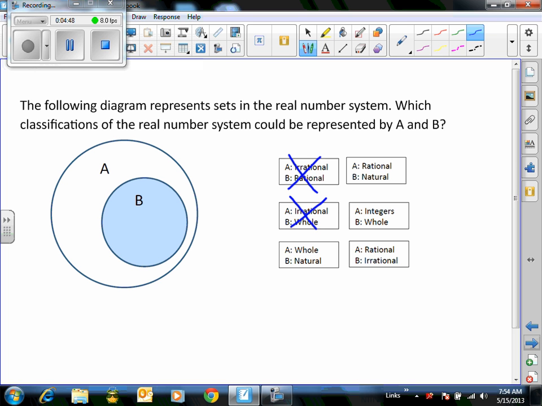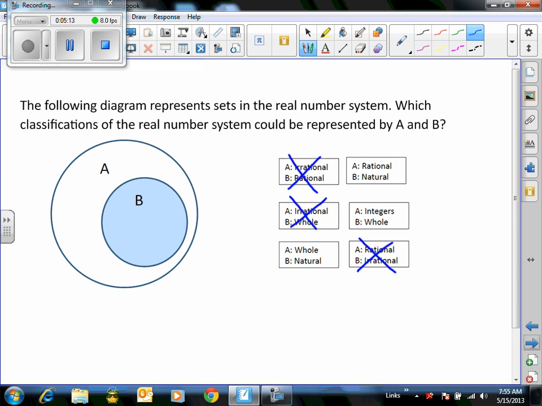And I also can look at rational and irrational, and rational numbers don't contain irrational numbers. Again, irrational numbers are off to the side. So that's trash that I can slash as well. Now I want to look at my three choices that I have left. Now, some of us might remember the saying that we learned to figure out the real number system.